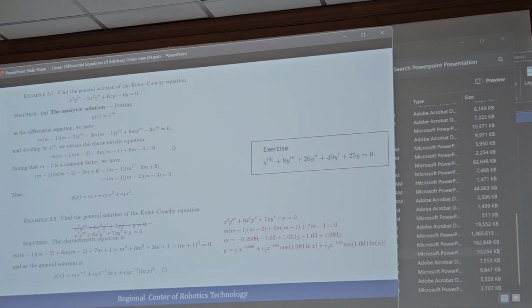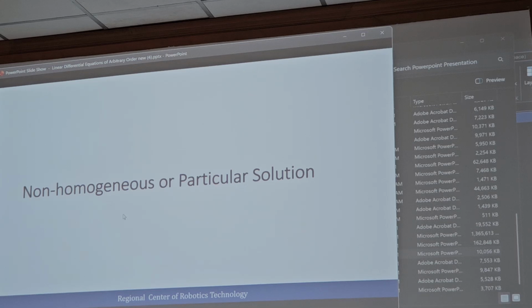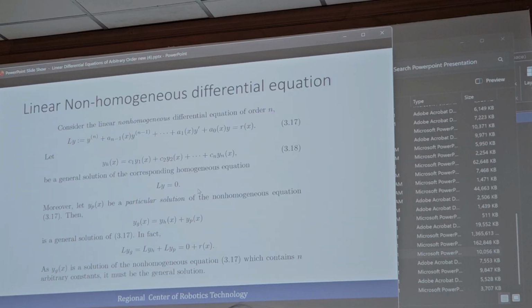The other one is non-homogeneous. I will stop here for this one. Next time I will show you how to do the particular solution. Say if you have R(t), how do you assume Y(t)?